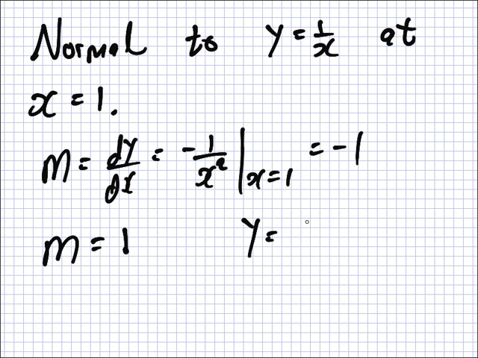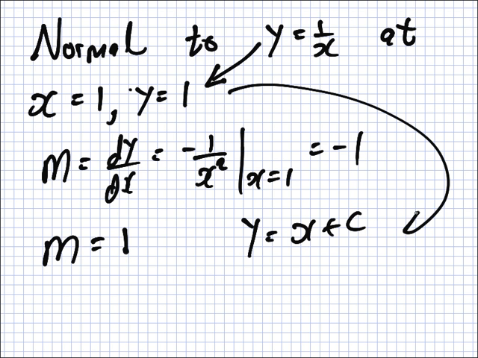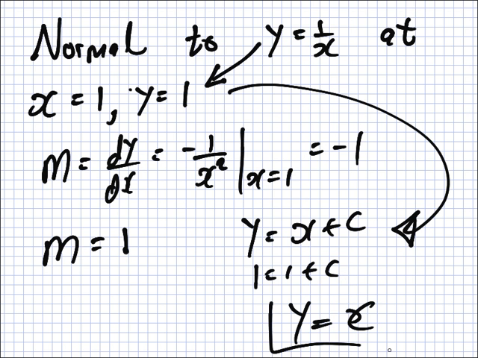So y equals 1x plus c, and the point we're subbing in is x equals 1 and y equals 1. So if we sub in 1, 1 into here, we'll get 1 equals 1 plus c, which is then 0, and we are left with y equals x for that. Okay, so copy that down, but I think most of you got this one now.